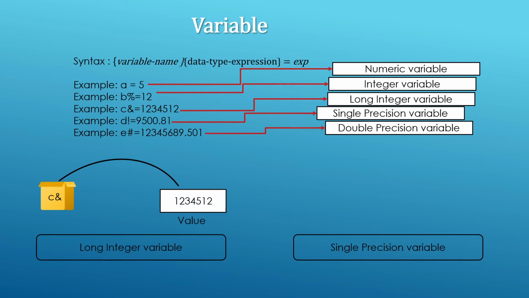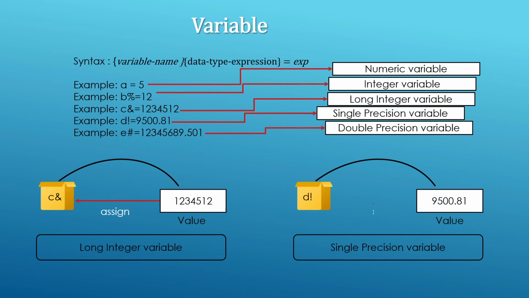The long integer variable is denoted by the and symbol. This variable has some value in it, and that is the value we have assigned to the variable C. And you can see the same example in the single precision with the exclamation mark, and it has some value in it.